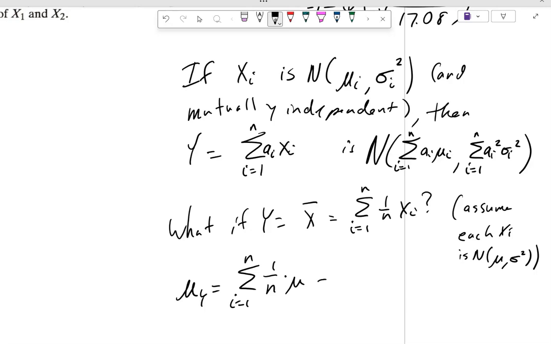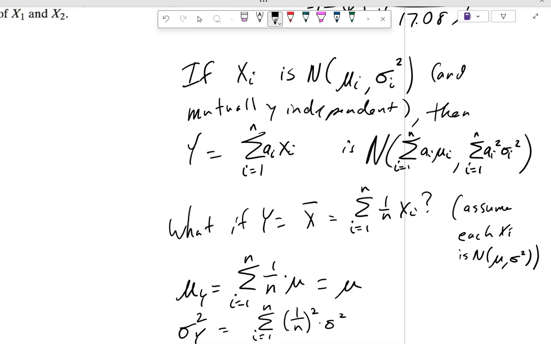What does that add up to? Just mu, right? It's n times, because notice there's no i's, right? I add up the same constant to itself n times. What about the variance? Well, same idea. But in this case, I'd have 1 over n squared times sigma squared.